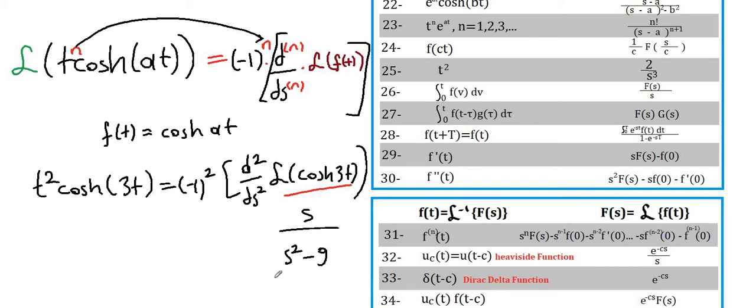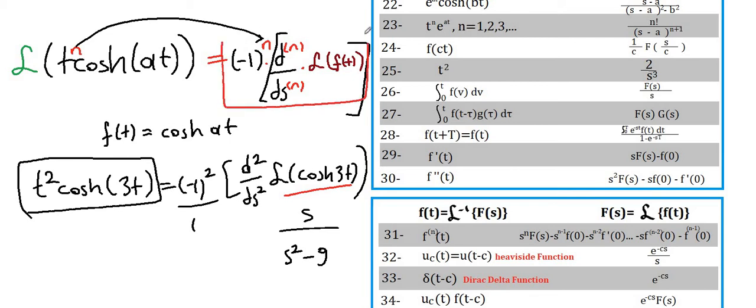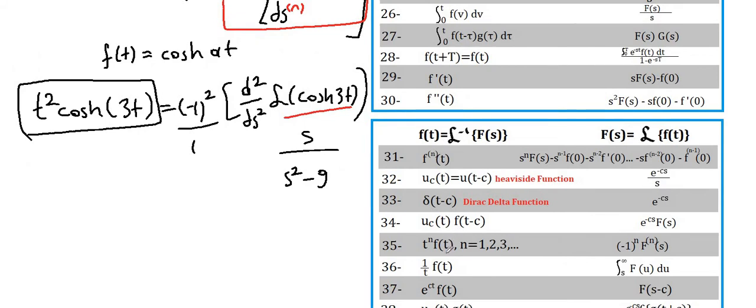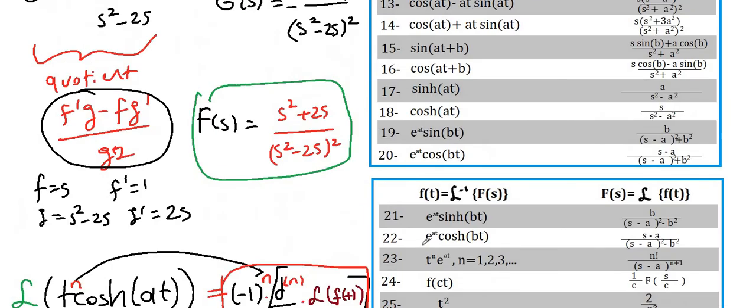We're going to take the derivative of this 2 times because we need the second derivative, and multiply it by negative 1 squared, which is positive 1. So if we take the derivative 2 times, we obtain the Laplace of this function. So we can formalize this as in here. Or you can go step by step using 35, break it into 2 functions, make up your g of t, and then find your F of s.